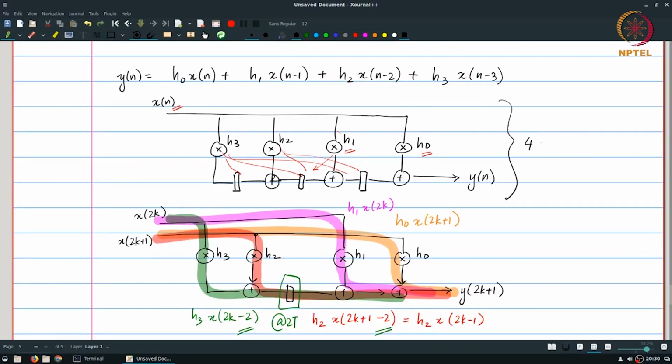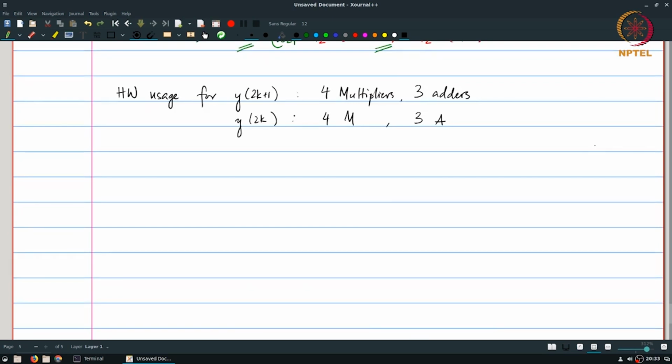This one also required 4 multipliers and 3 adders. So effectively, it looks as though the 2 parallel implementation requires exactly twice as much hardware as the original implementation that I have. Let's see if we can construct an equivalent 2 parallel filter, but which requires lesser resources in order to compute the same amount of information.